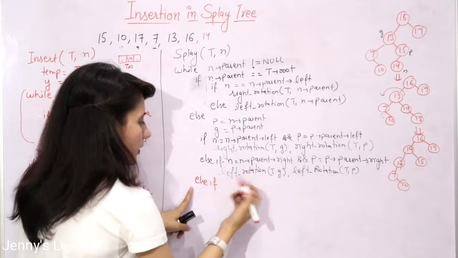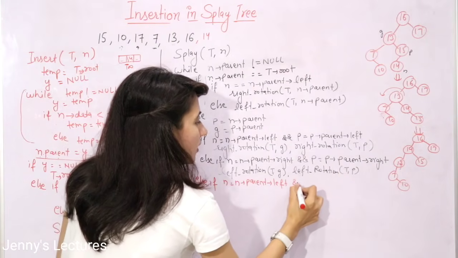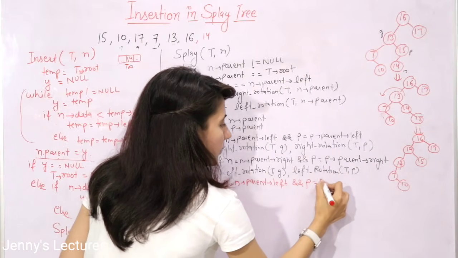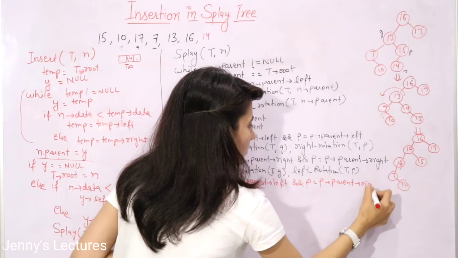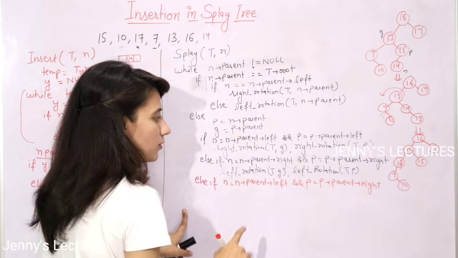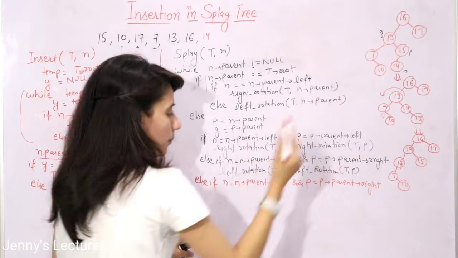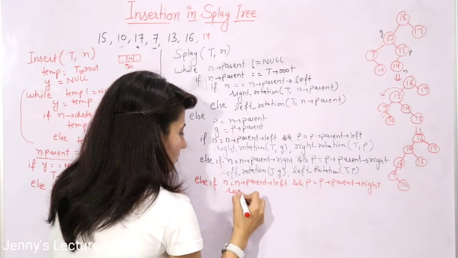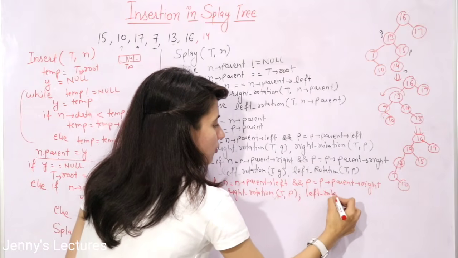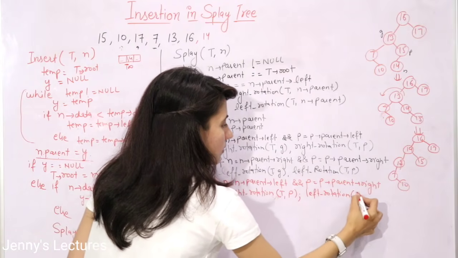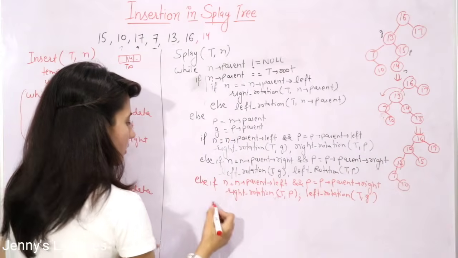Now here what you will write, else if N is the left child and parent is the right child, then first we will do right rotation on parent, then we will do left rotation on grandparent G, right?